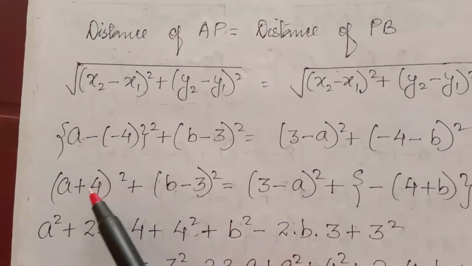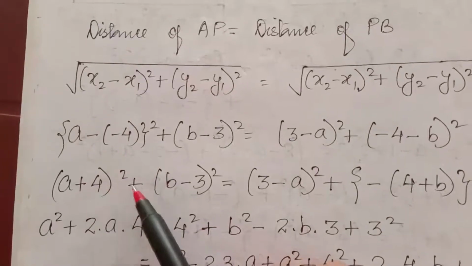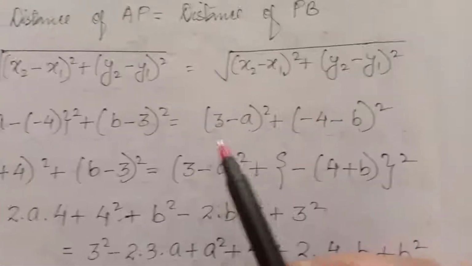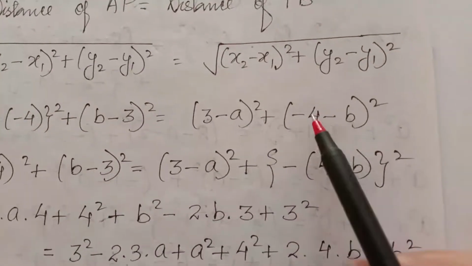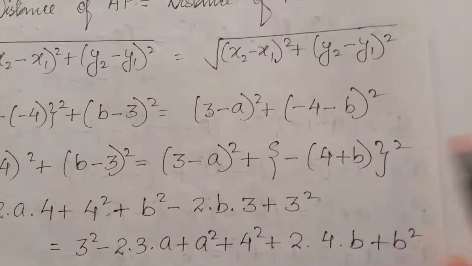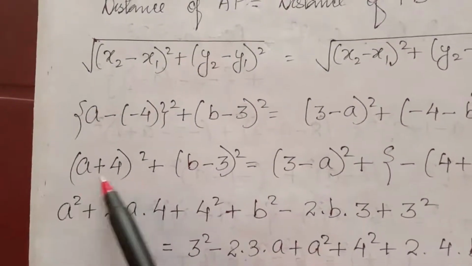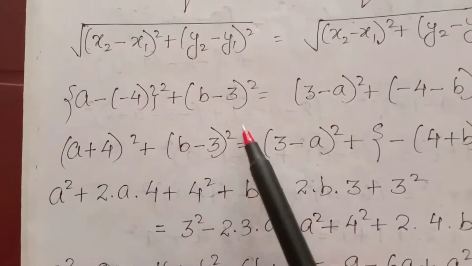Next, minus into minus is plus: a plus 4 whole square plus b minus 3 whole square equals 3 minus a whole square plus, take minus common from here, so that it will be 4 plus b whole square. Now use your formula of a plus b whole square and a minus b whole square.